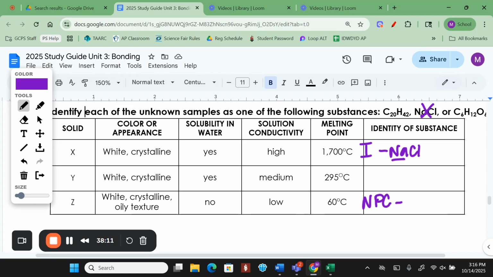So how do I know which one of these is nonpolar covalent? Nonpolar covalent is one that relies on symmetry. So if multiple things are going to be connected together, it wants it to be the same things that are connected together. And the one that best fits this is going to be C20H42.